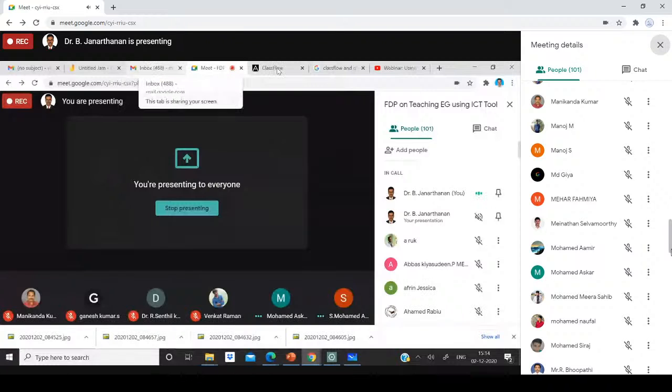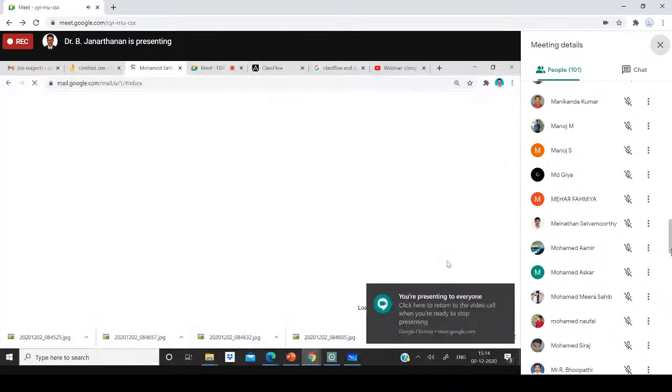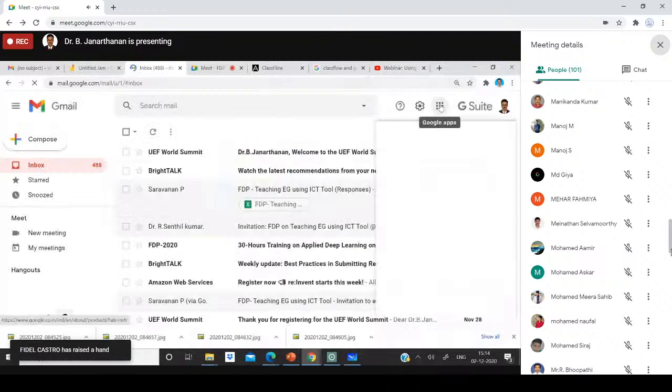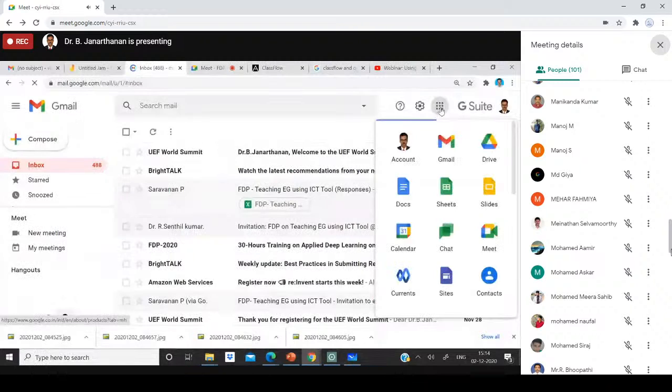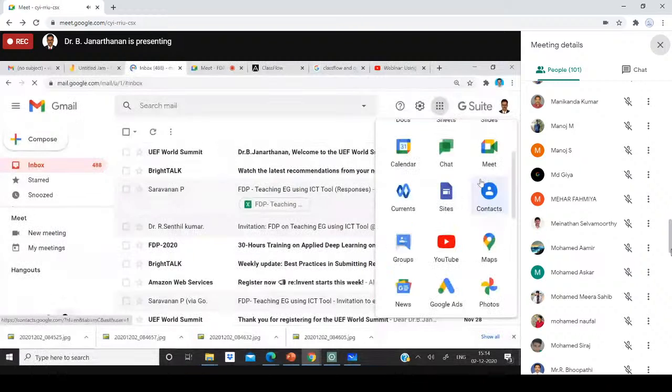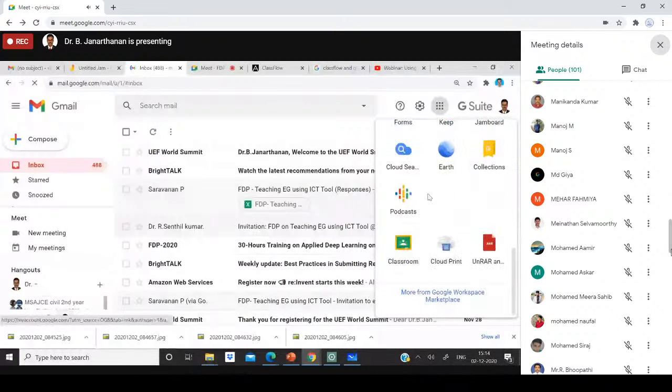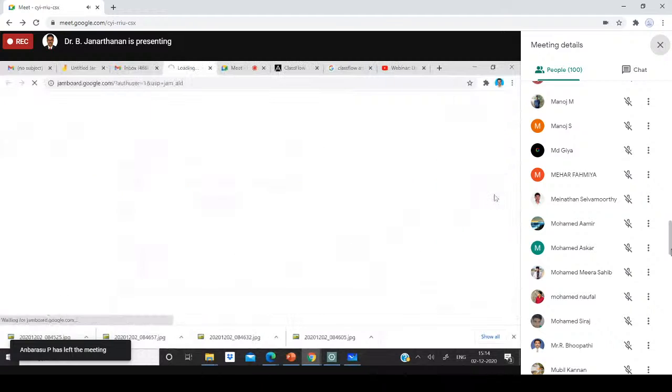I'll show here how to use Jamboard. When you click on this, for those who have not used Jamboard, I am just explaining. Others kindly bear with me. There is a Jamboard in Google itself.